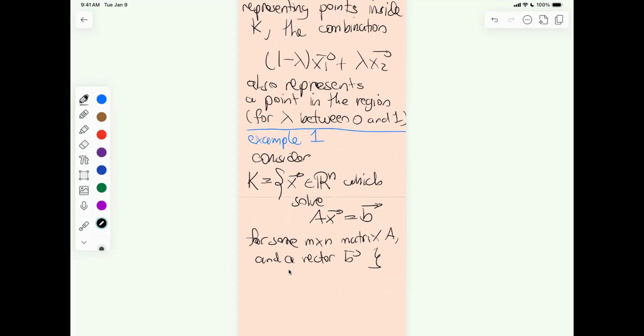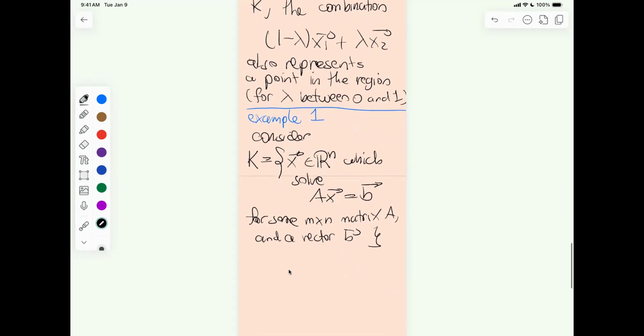So let me spell it out in a different way. Let me do a concrete example. Let's say A is 1, 1, 2, 1, -1, 3, and B is 1, 1, 2, 3.